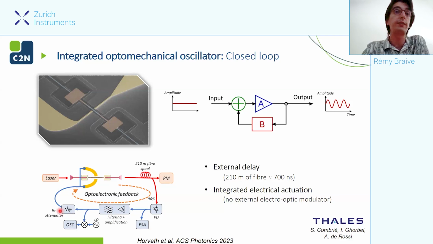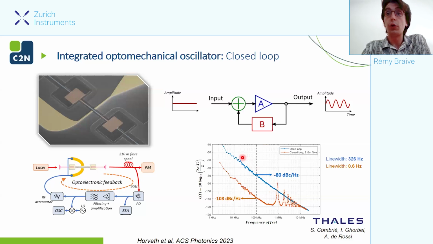Then we inject this directly into the electrodes to improve the performance of the final system. The 210 meters of fiber gives around 700 nanoseconds of delay. And this excitation is now integrated such that we can get rid of any electro-optic modulator that we may have had on the path of light, of the laser.